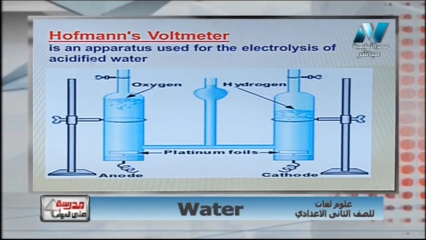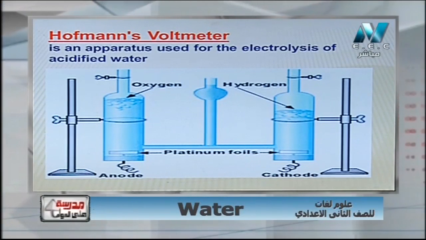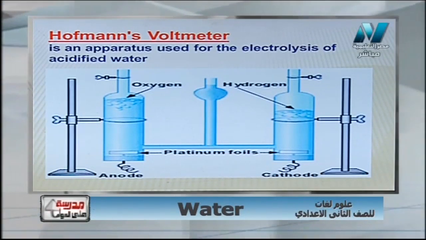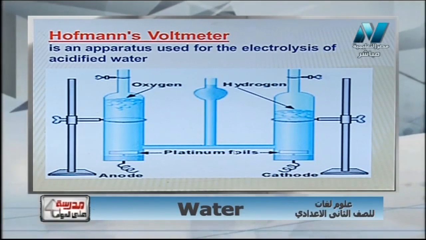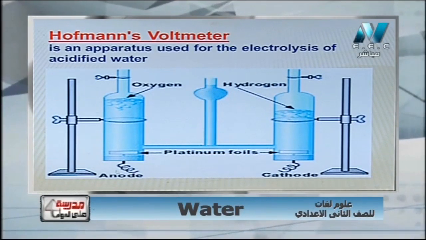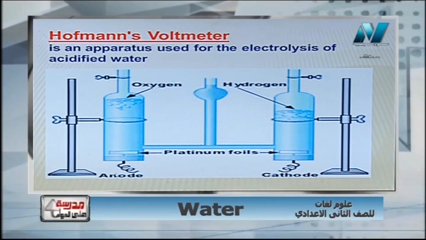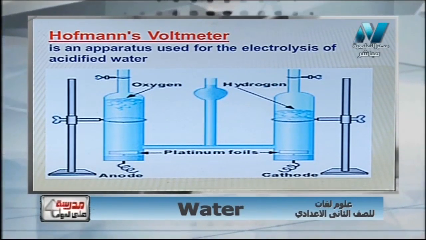Why do we acidify the water? Because pure water is a bad conductor of electricity. Okay, now we are going to see this instrument. This is the anode, and we said that the anode is the positive pole. The other side we call the cathode, and this is the negative pole.